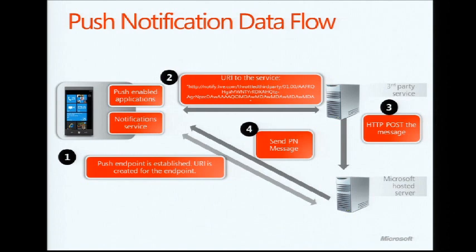And then it says, okay, now I have an update to send. Let me package up that XML document, and I send it to that address, that HTTP address, just like you would. It's just a standard post message. That address is actually in our service, and then we take care of the stuff behind the scenes to make sure that it shows up on the device. Is that clear?